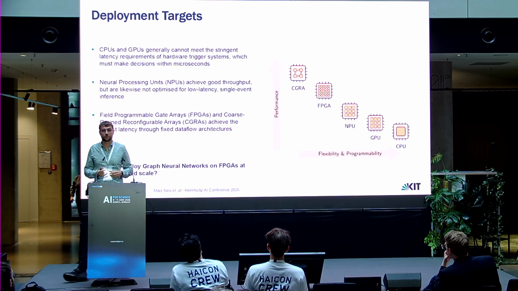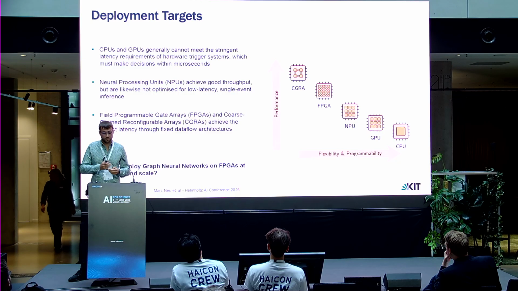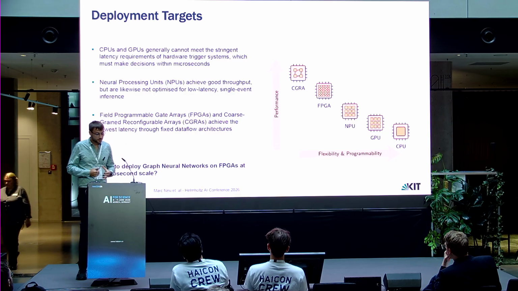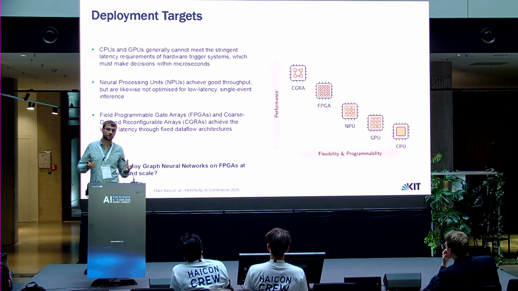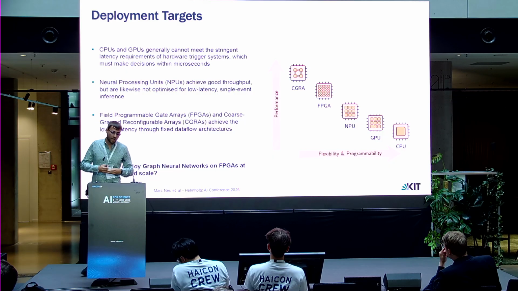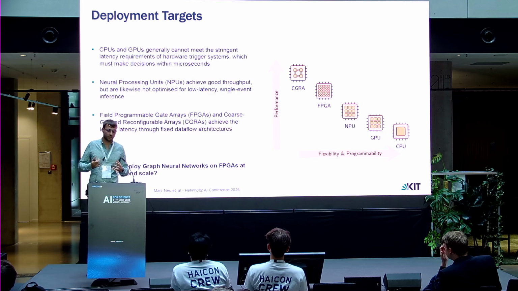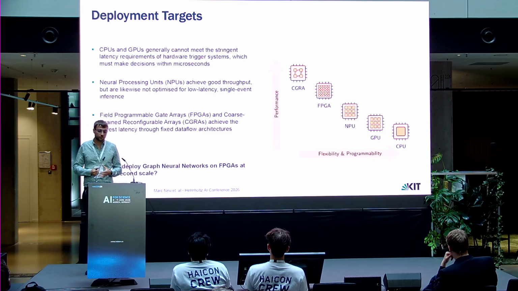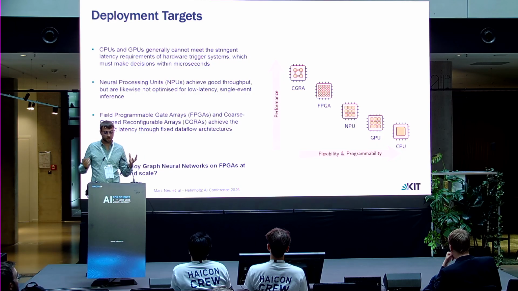When we think about what target to deploy this to, we have a large set of different architectures. Typically, you would think of CPUs and GPUs, what everyone uses. However, these are not very suitable because the latency is just too large when we do the inference on them. Recently, we see a lot of neural processing units coming up, like Copilot+ PCs or similar.